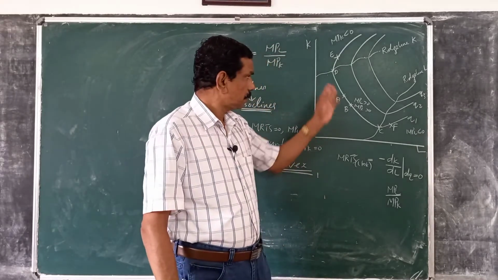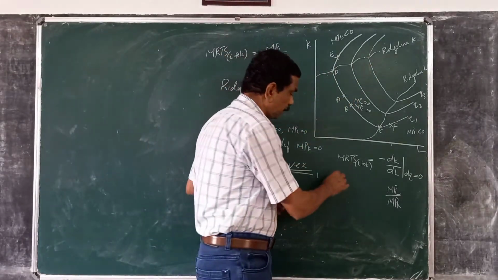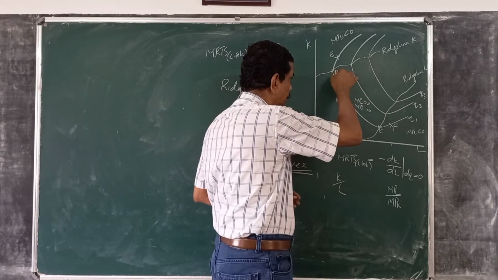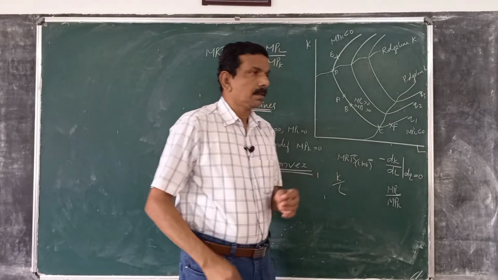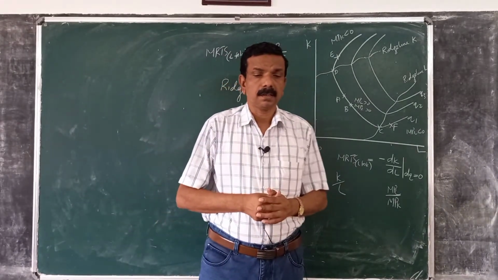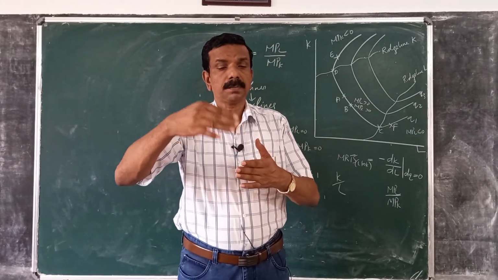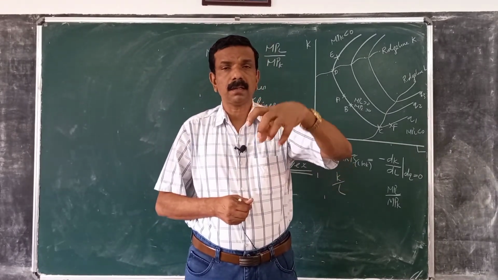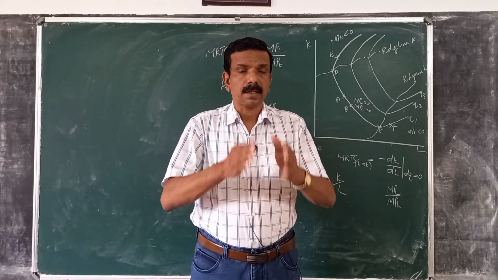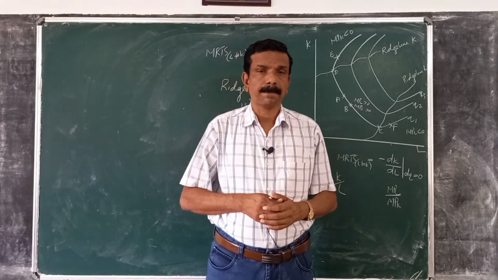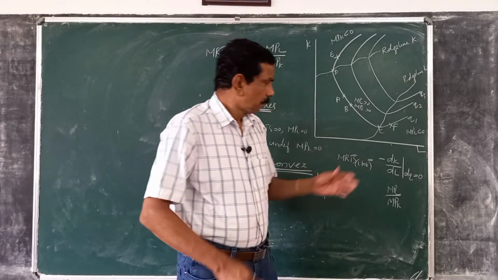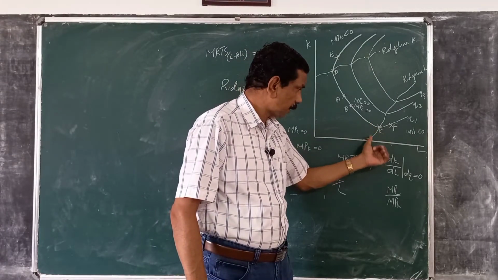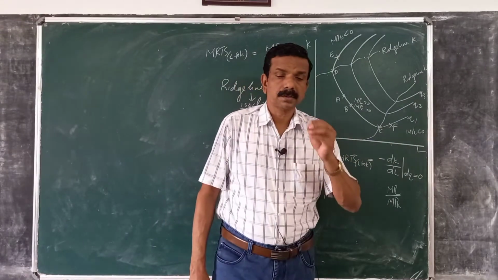Now, for large values of K by L, that is, if you are somewhere here, capital is very high, labor is small. So for large values of K by L, MRTS is a large positive number. It means you can substitute a large amount of capital for a given unit of L. On the other hand, if labor is already very high, you are somewhere here, then MRTS is low.